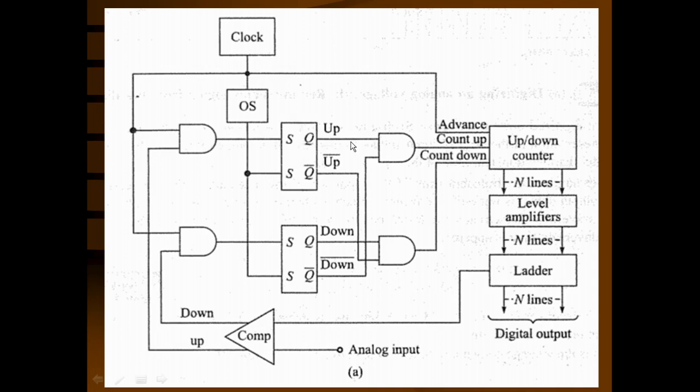Q is one of the inputs of this AND gate, which is prior to the count up line. So the output of the AND gate is connected to the count up line. So when this flip-flop is set on the first clock pulse, simultaneously we assume that this other flip-flop is reset. That means Q is going to be 0 and Q bar is going to be 1.